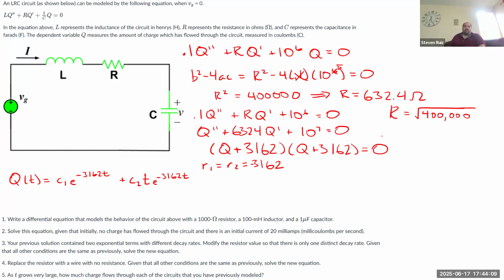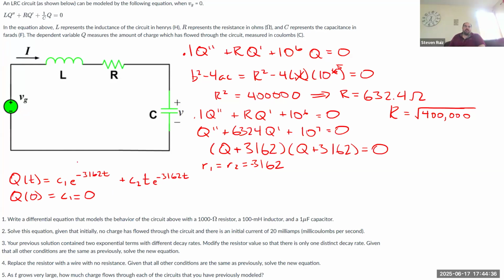Now we still have the same initial conditions. We still know that Q of 0 equals 0. When I plug in 0 for t, I get C1 plus C2 times 0. So in this case, I get that C1 equals 0 for free, which is kind of nice.